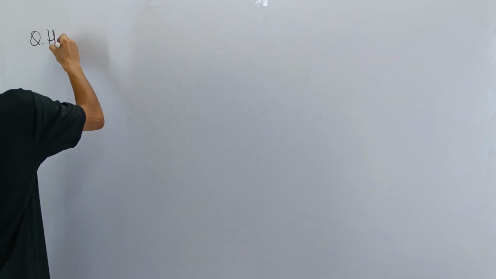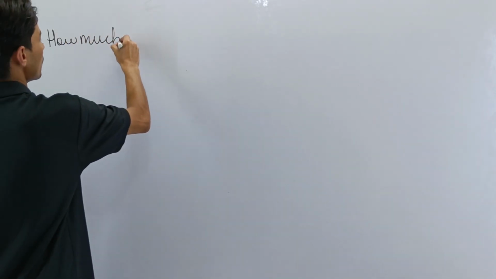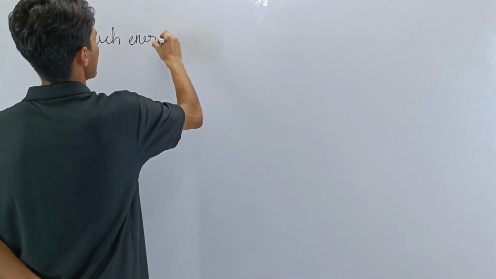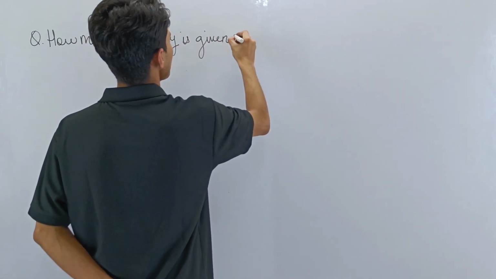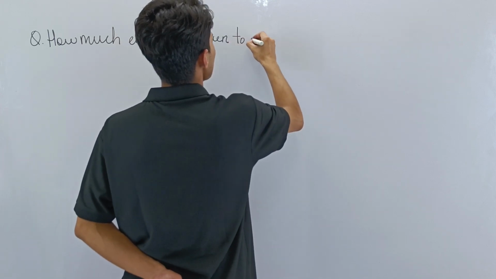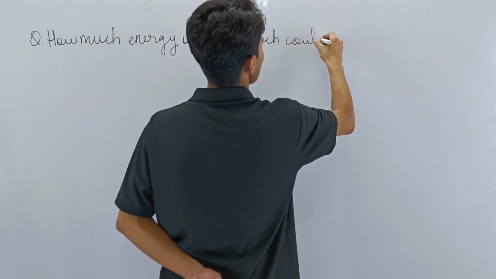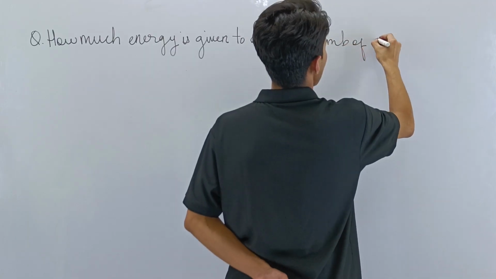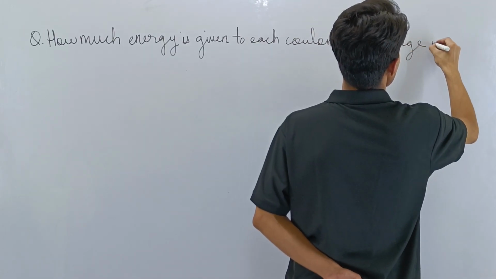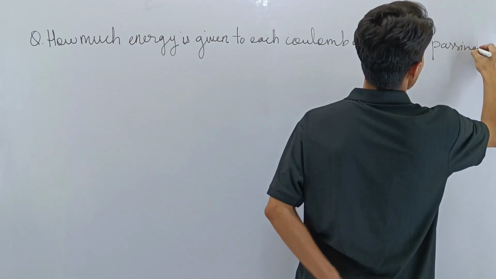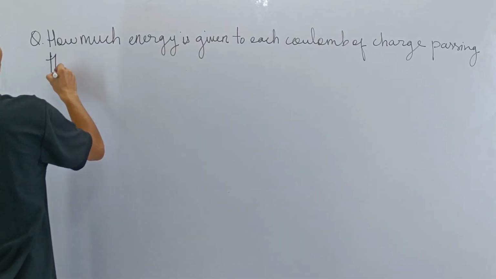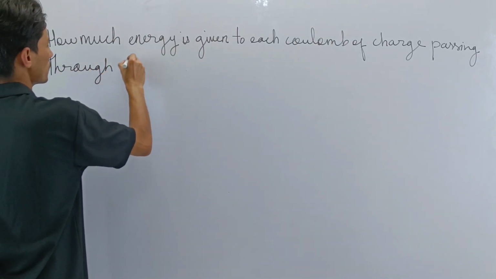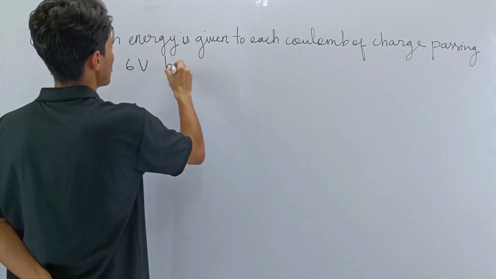The question is: how much energy is given to each coulomb of charge passing through a 6-volt battery?